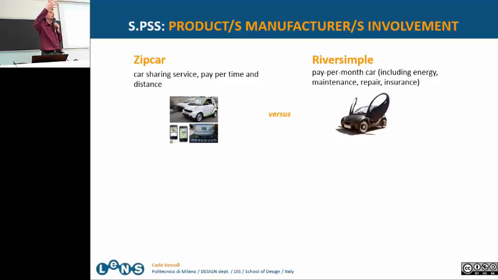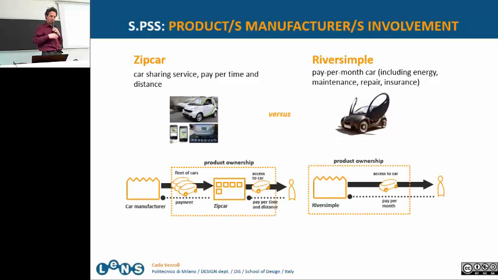Now, car sharing is a PSS, not all the time sustainable. We will discuss this maybe another time. One is called Zipcar, the other one is similar. One car sharing service is paid per time and distance, and the other one is paid per month, including energy, maintenance and repair, and so on. But that is not really the real point.